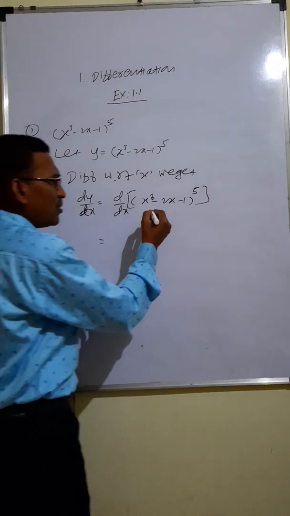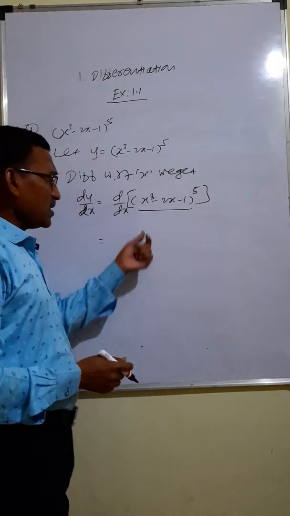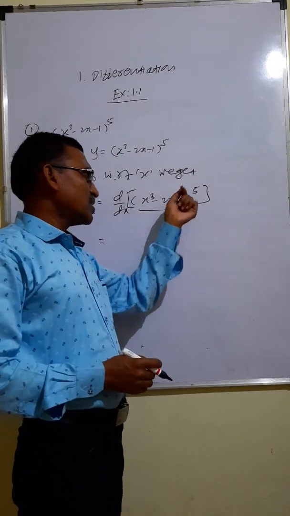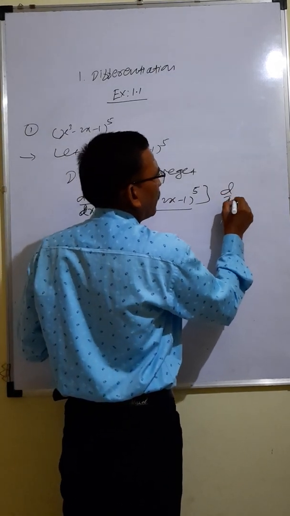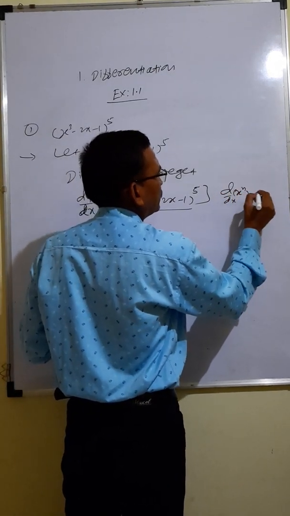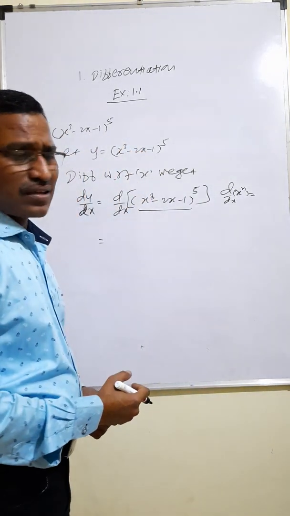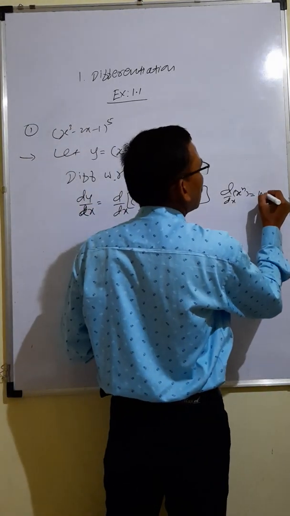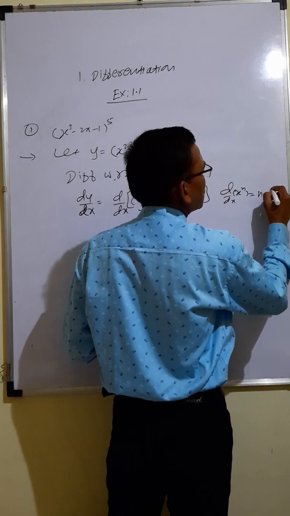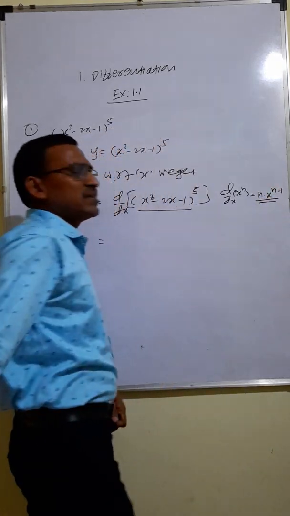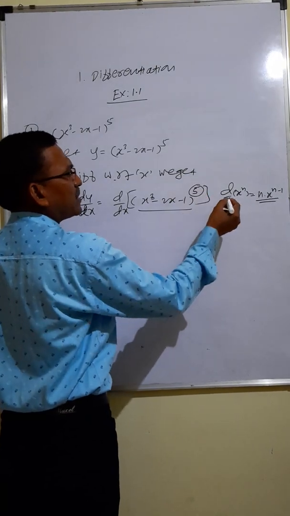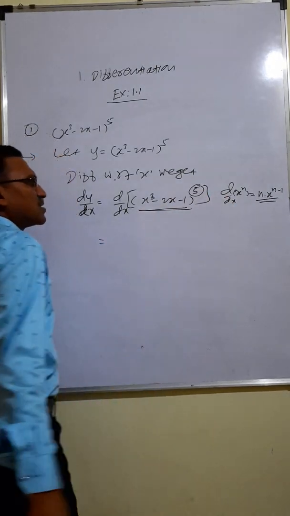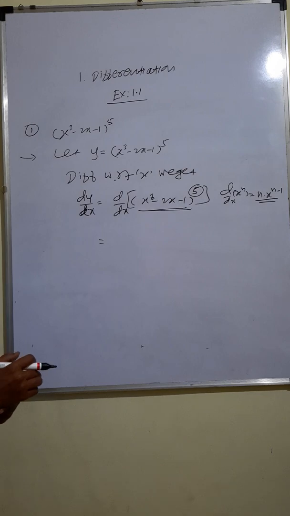Here it is an algebraic function with power n, so we use the derivative of x raised to n, which is n into x raised to n minus 1. Here n is 5, and x means the function x cube minus 2x minus 1.